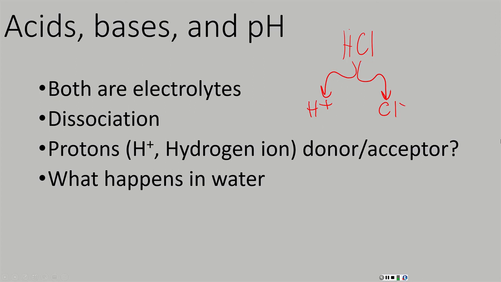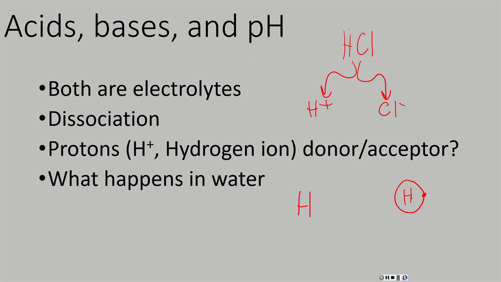What is H? If we look back at our periodic table, H is hydrogen. And hydrogen was one proton, remember, we'll just write that as H, and one electron. One proton and one electron.